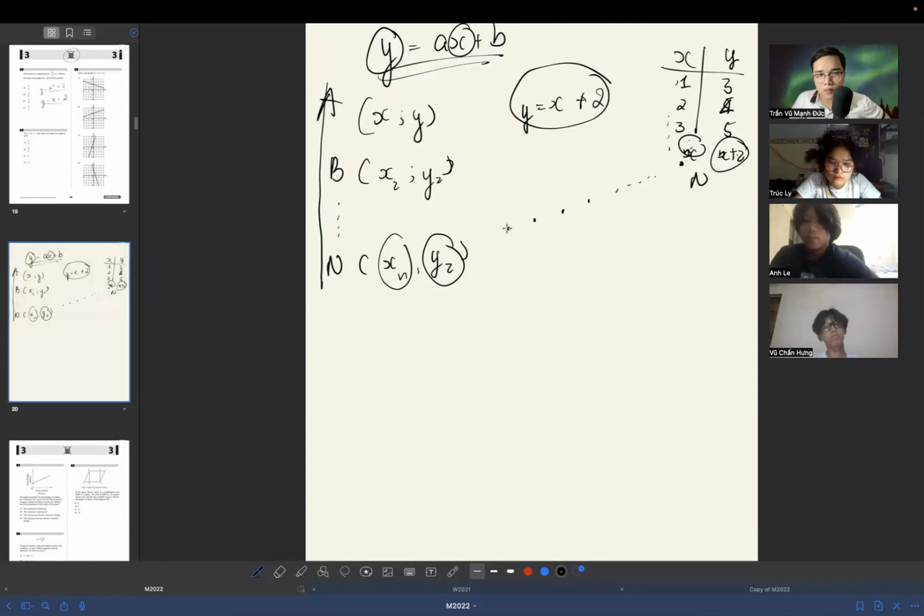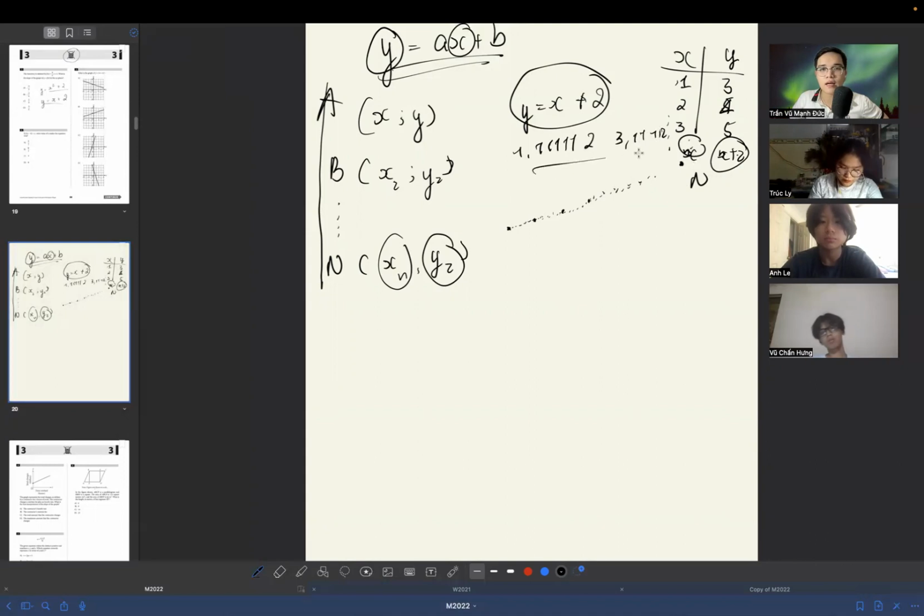And you can just draw a single line because there is an infinite number of points. For example, you can have 1.1111112 and 3.11112. Like that, they are still satisfactory because it's still y equals x plus 2.